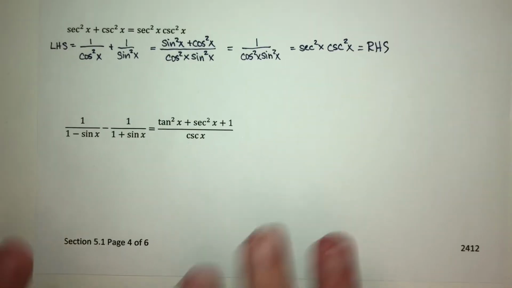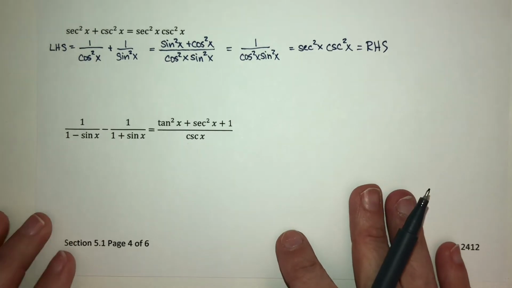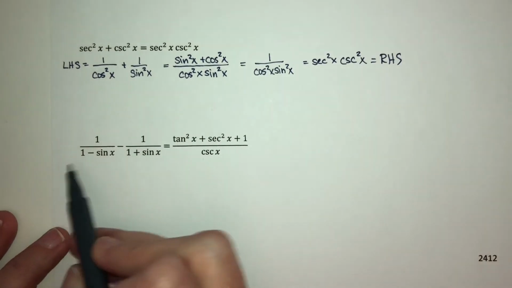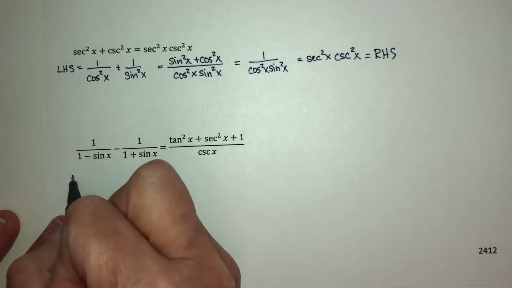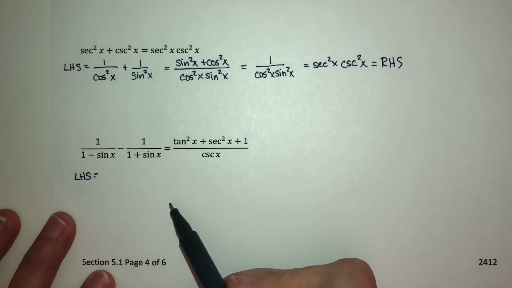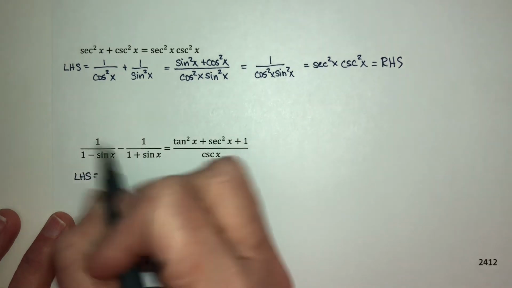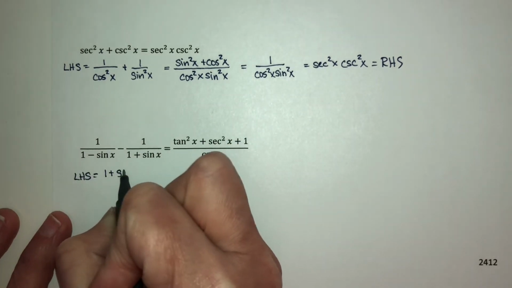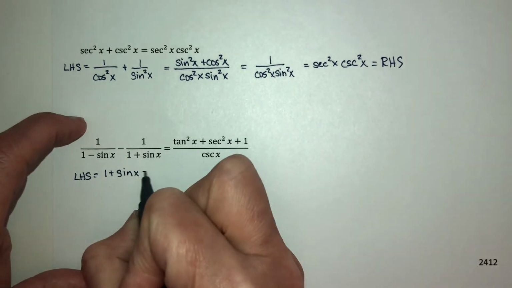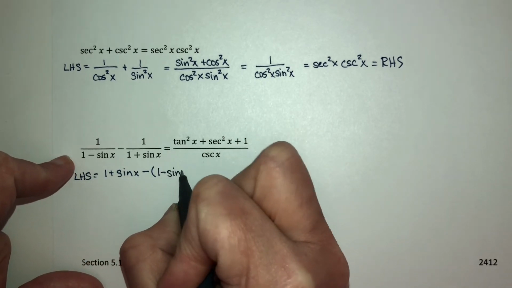Okay, now for this problem, both sides are fairly complicated, so I'm going to work on simplifying them. Okay, so what do I have right here? My left-hand side, I could get a common denominator here, and it will be these two multiplied together, which is a difference of squares, but I'll have 1 plus sine x minus, use parentheses because we have to subtract the whole thing, 1 minus sine x.